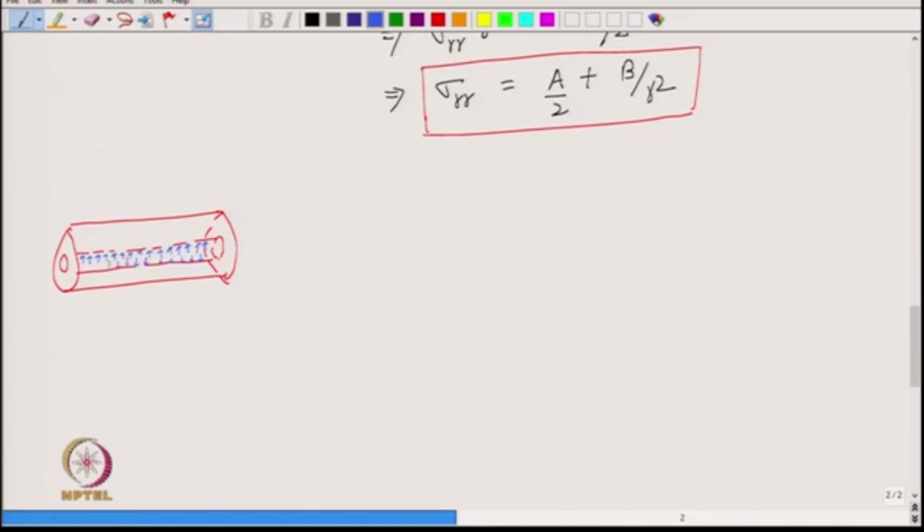So, we are applying this pressure internally. That is the external traction being applied, and on the outer surface we are not applying anything. So, what can we say about the stress components on the outer surface and on the inner surface?